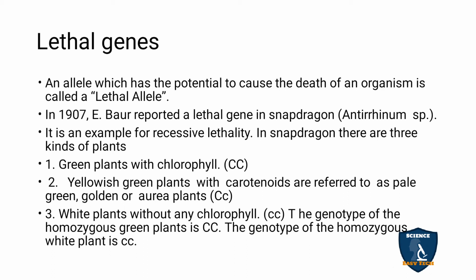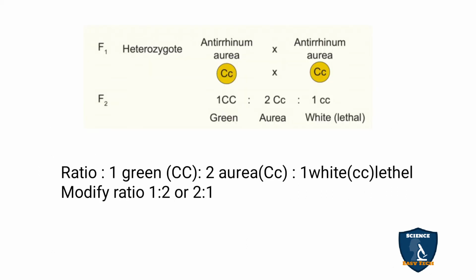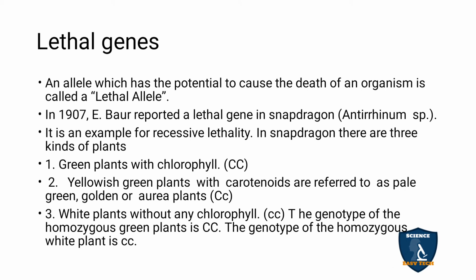So in the next slide we are not going to talk about capital C and small c alone. We are going to see about the aurea plant. The aurea plant is the yellow color plant. Here the genotypes capital C and small c are crossed in the first generation.